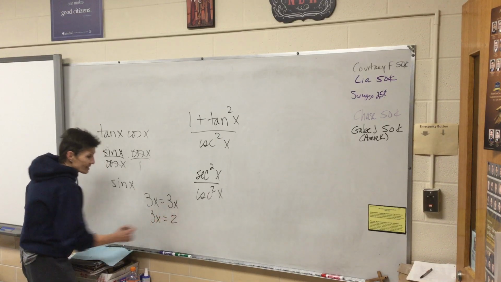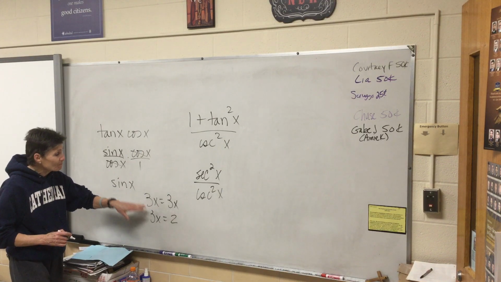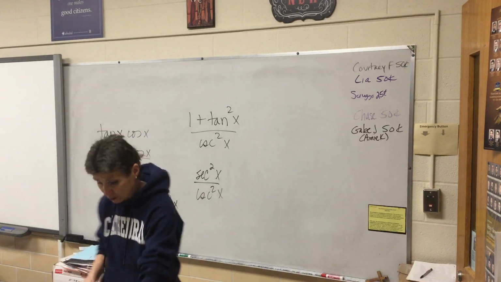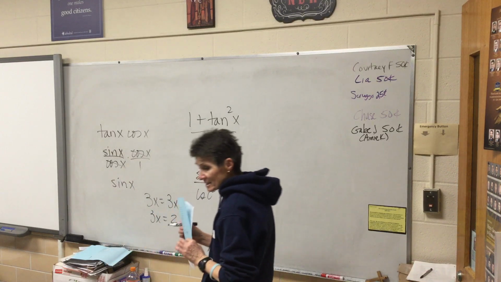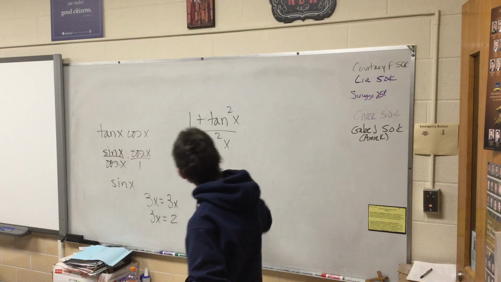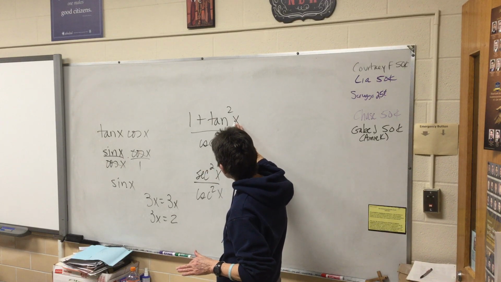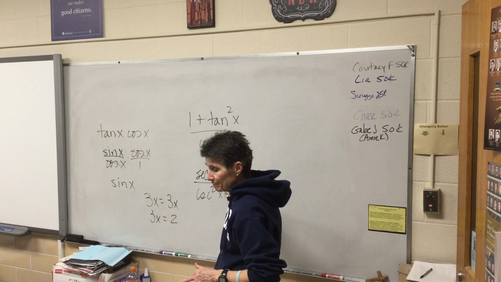Something like this is not true all the time, so this would not be an identity. This is an identity. And all of these things on this paper are identities. They're true no matter what you let x be. So no matter what I put in for x, 1 plus tangent squared will be secant squared.